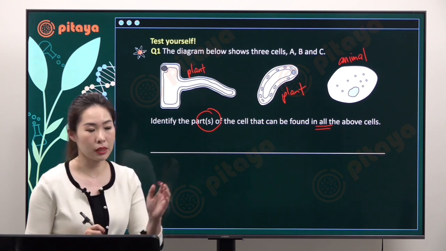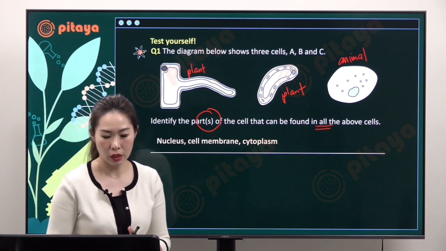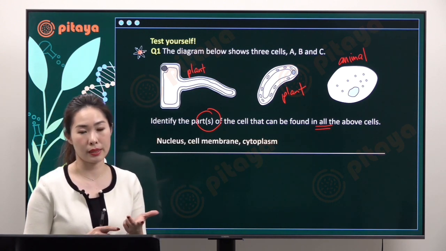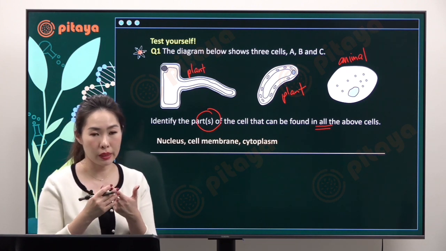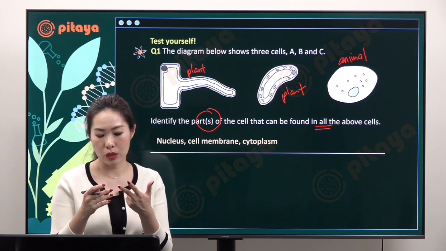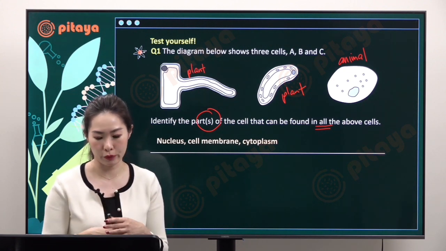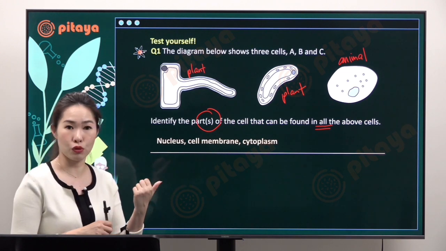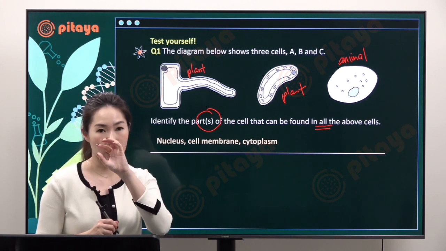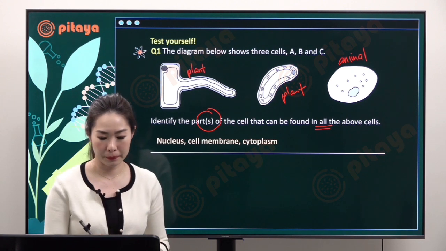What is similar amongst these 3 cells will be these 3 parts: nucleus, cell membrane, and cytoplasm. We find that for plant cells, if it's living, they definitely need to have these 3 parts to remain alive. So for those who have managed to identify these 3 parts, then good job. You can identify how these parts look like in all these cells.